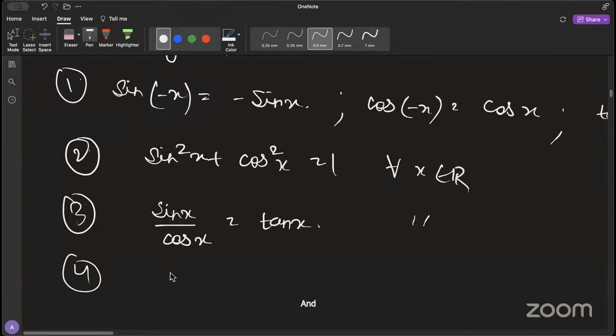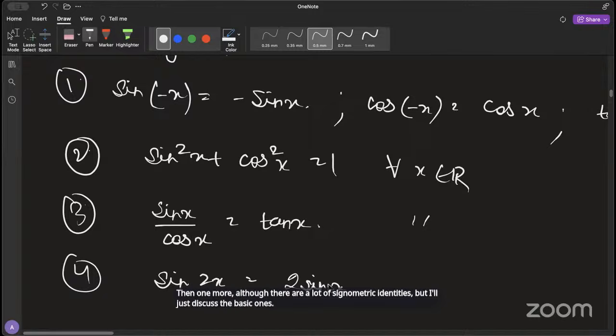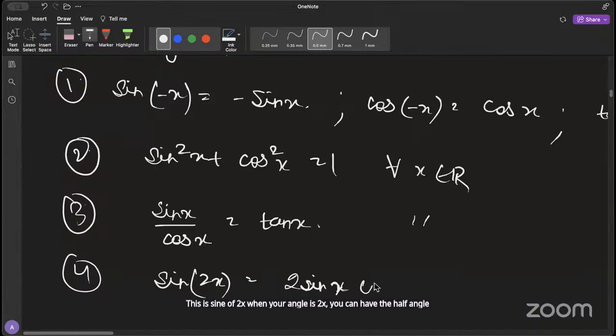And we've discussed the reciprocal properties, right? That cosecant is the reciprocal of sine, secant is the reciprocal of cos. Then one more, although there are a lot of trigonometric identities, but I'll just discuss the basic ones. This is sine of 2x. When your angle is 2x, you can have the half angle here, sine x and cos x, and your 2 comes here.